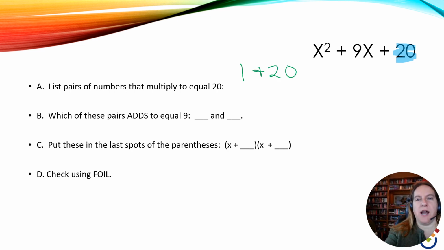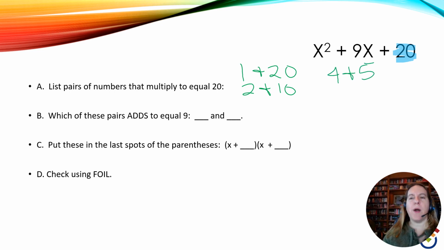Then I like to work up. 1 worked, so 2 also goes in. 2 and 10 would give me 20. 3 does not work. 4 goes into 20. 4 and 5 gives me 20. And I know I'm done, that there are no other options, because 4 and 5 are right next to each other. So I listed all my potential factors.